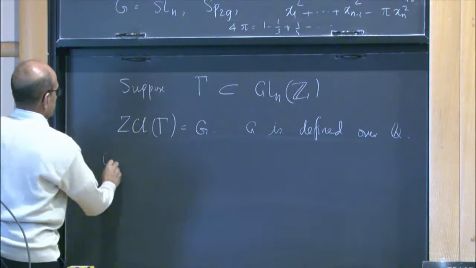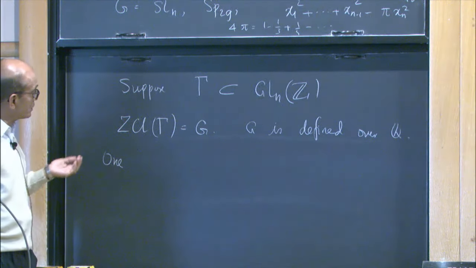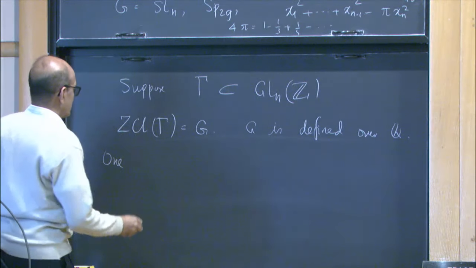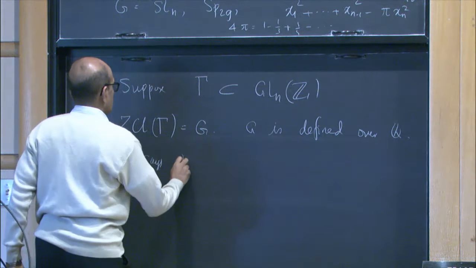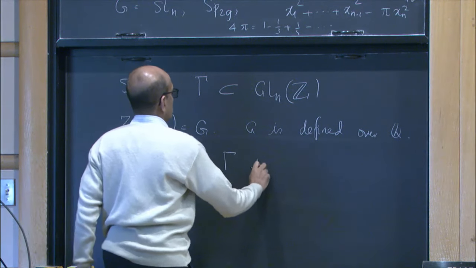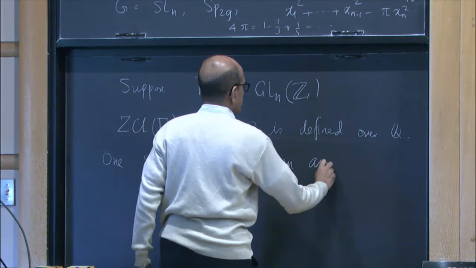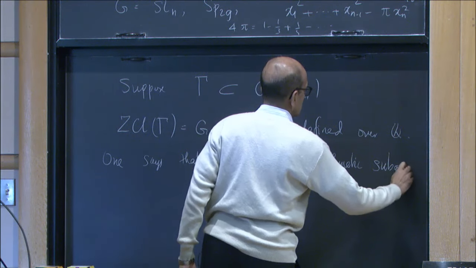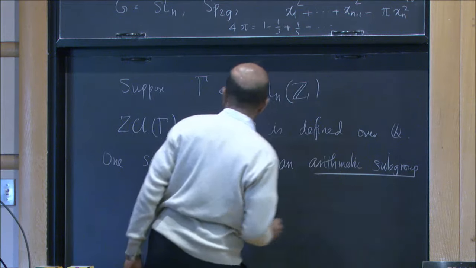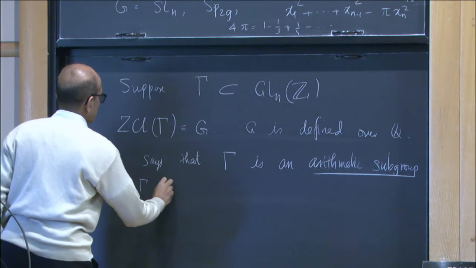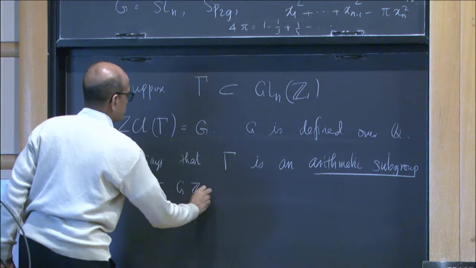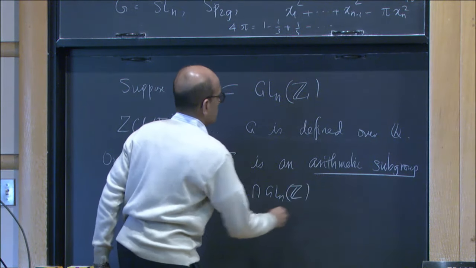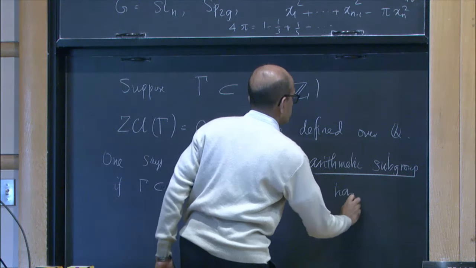One says, this is a definition which you have heard about 1,000,000 times by now, but I'm going to recall it anyway. One says that gamma is an arithmetic subgroup if gamma in G of Z, which by definition is the intersection of G with GLnZ, has finite index.